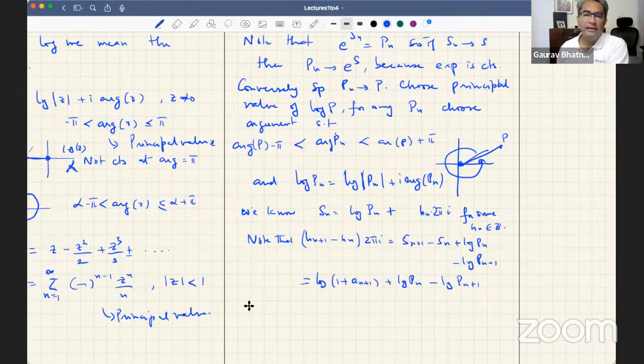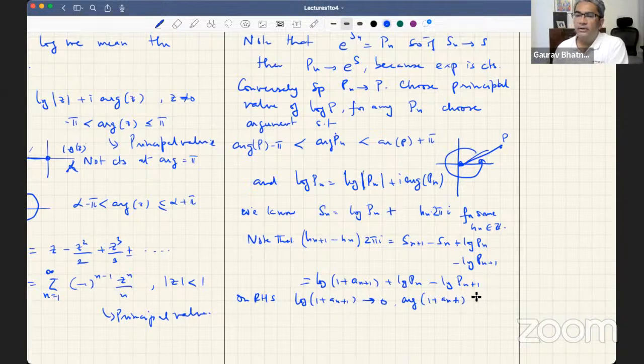On the right hand side, this log of 1 plus a_{n+1} goes to 0, and of course the argument of 1 plus a_{n+1} goes to 0 by our previous theorem, because 1 plus a_n goes to 0. And the argument of 1 plus a_{n+1}, therefore, is less than 2 pi by 3.